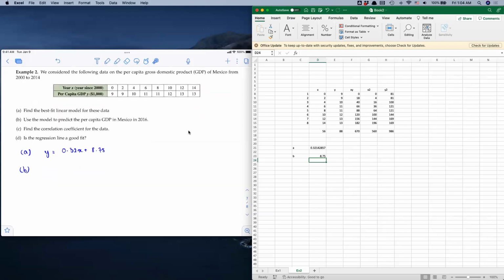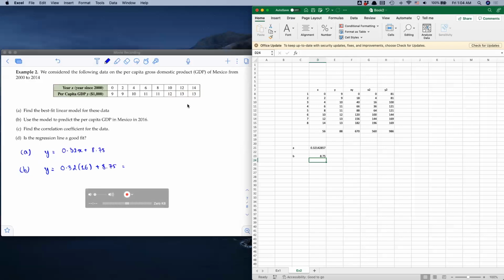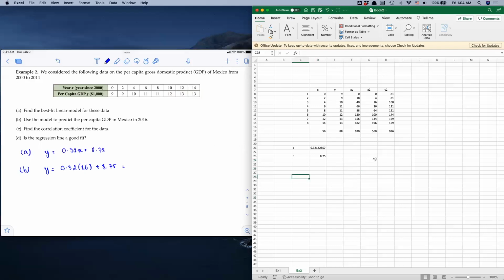So y is equal to 0.32 times 16 plus 8.75. Let me do a quick calculation here on the Excel spreadsheet. So this is 0.32 times 16 plus 8.75, and we get 13.87, in thousands.